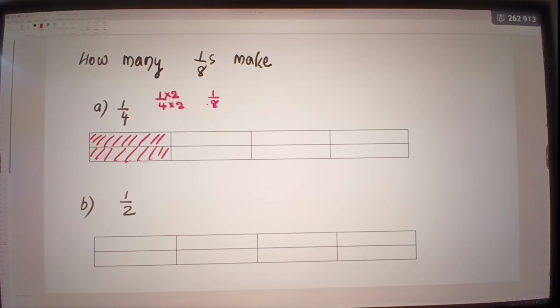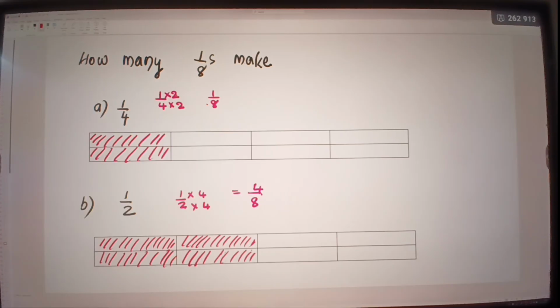So how many 1/8 make 1/2? So 2 times 4 gives you 8. So 4/8 make a half. They are asked to find the equivalent fraction.